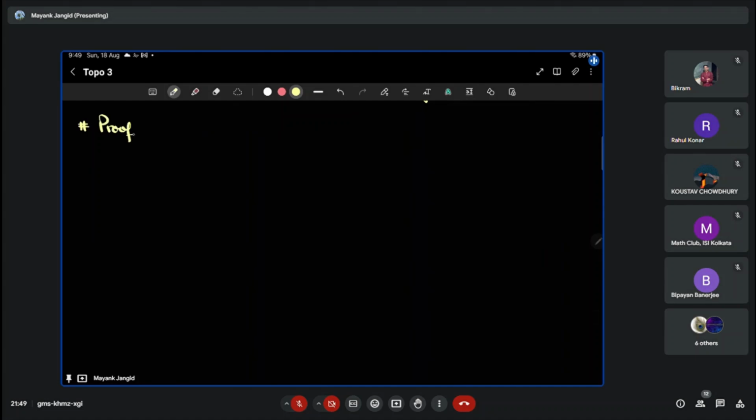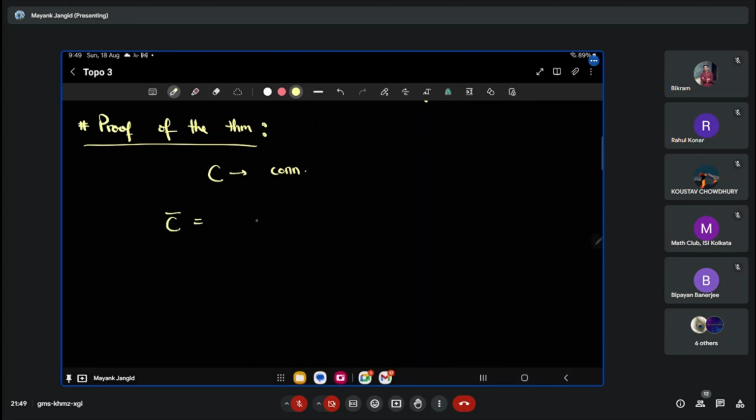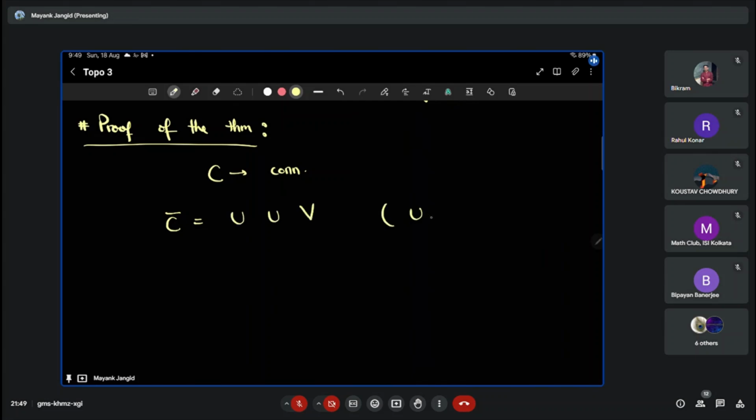Fine. So I will give a proof of this theorem. Proof of the theorem. We are given that C is connected. We wanted to show that C closure is also connected. Suppose it is not, then C closure can be written as U union V, where U and V are disjoint, non-empty open sets. But C is connected and C is a subset of the closure by definition.